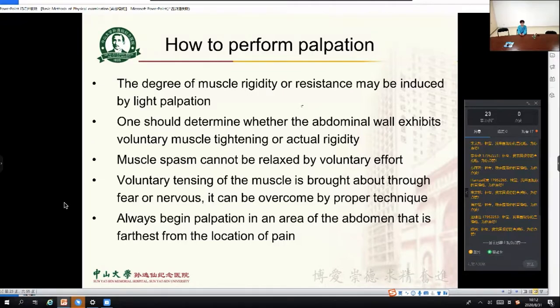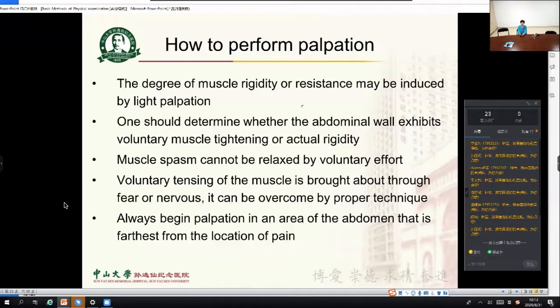We should determine whether the abdominal wall has voluntary muscle tightening or actual rigidity. Muscle spasm cannot be relaxed by voluntary effort. Voluntary tensing of the muscle is brought about through fear or nervousness. It can be overcome by proper technique. So always begin palpation in an area of the abdomen that is farthest from the location of pain.